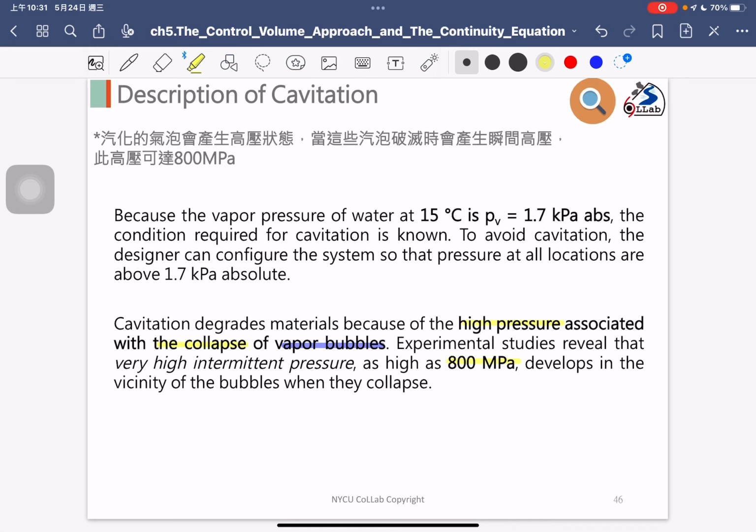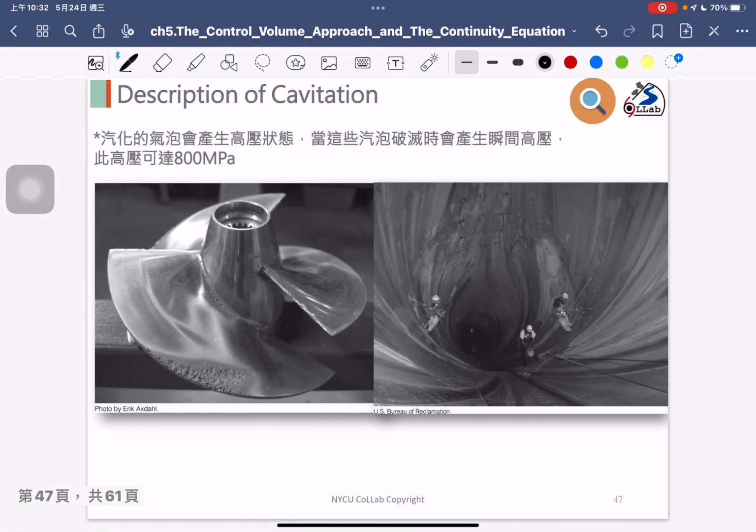As you remember, 1 atm only equals 101.3 kilopascal. So you can figure out how large the 800 megapascal pressure is. The higher pressure is caused by the pressure force, which can destroy hydraulic infrastructure.